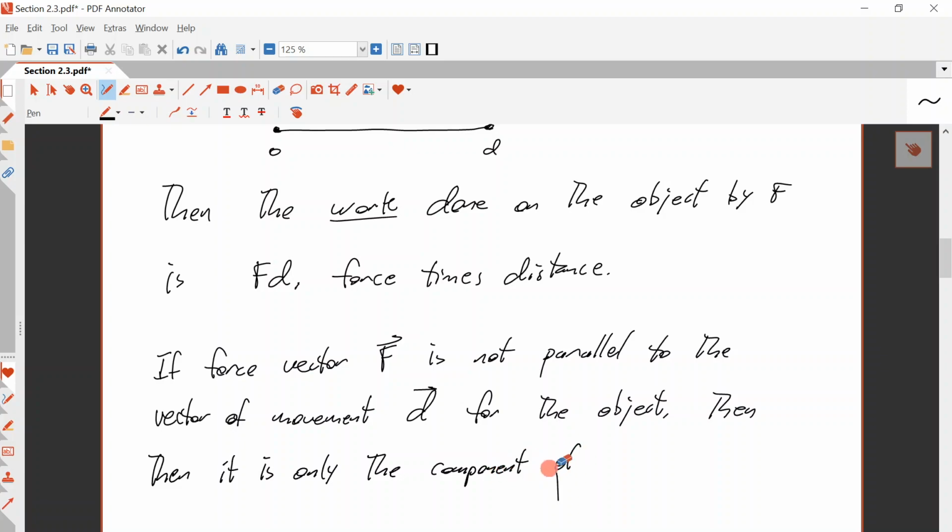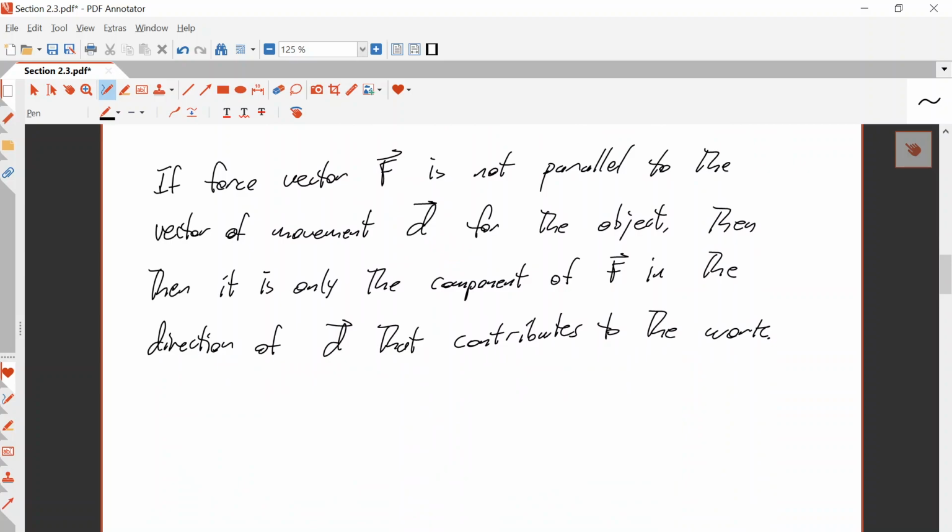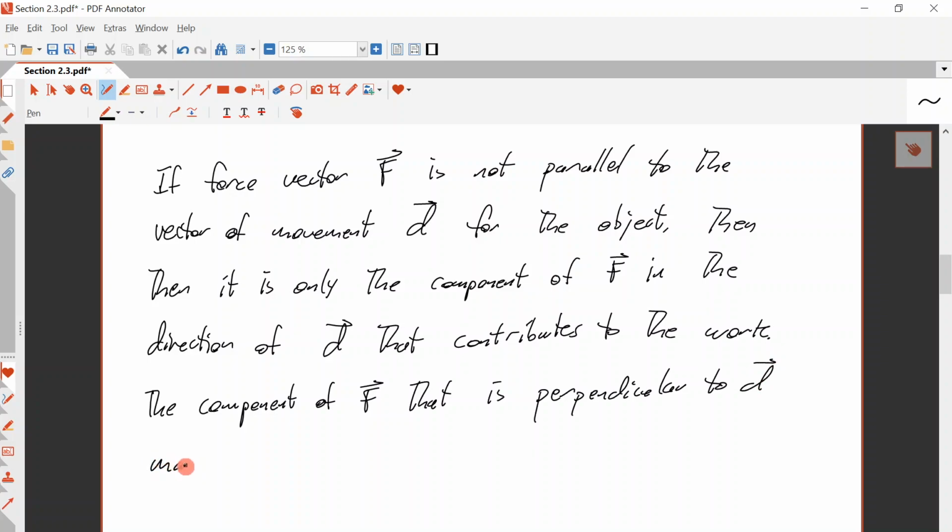The component of F that is perpendicular to d makes no contribution to the work.